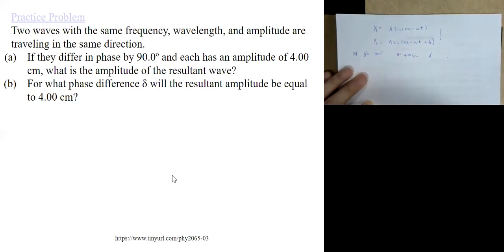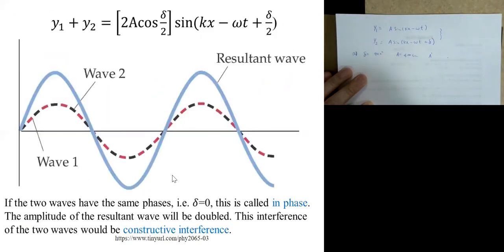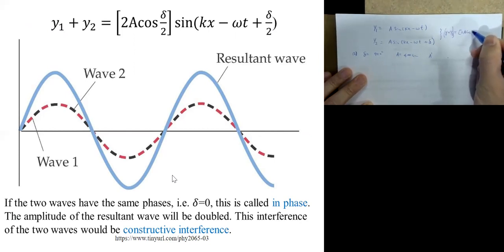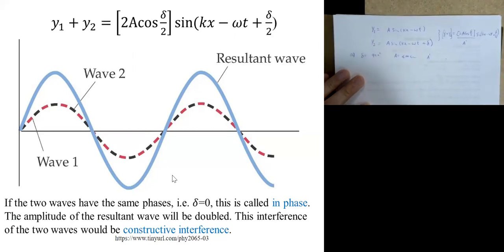If you go a couple of slides back, you realize that in this case y1 plus y2, the new wave when the two meet, has 2A cosine of delta divided by 2 as the amplitude, the new amplitude A prime, and then sine of kx minus omega t plus delta over 2.